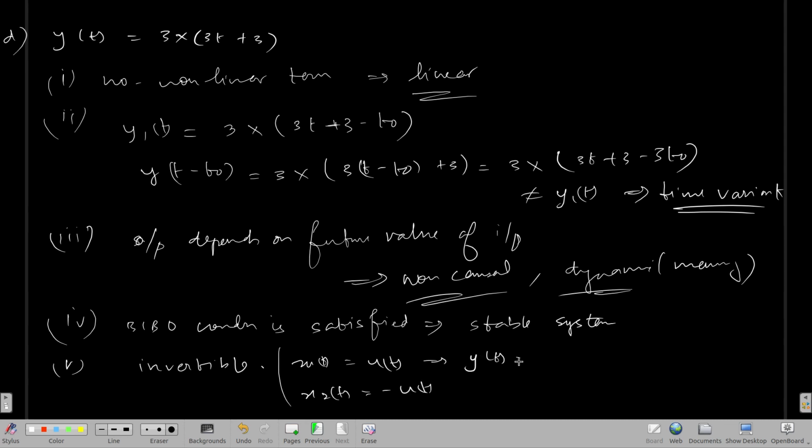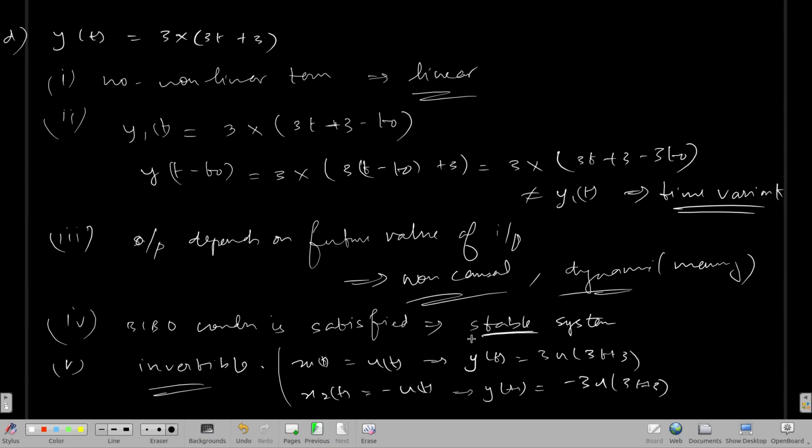So y of t is 3 u of 3t plus 3, and here y of t is equal to minus 3 u of 3t plus 3. So you can show as an example that distinct inputs are giving distinct outputs, so invertible.